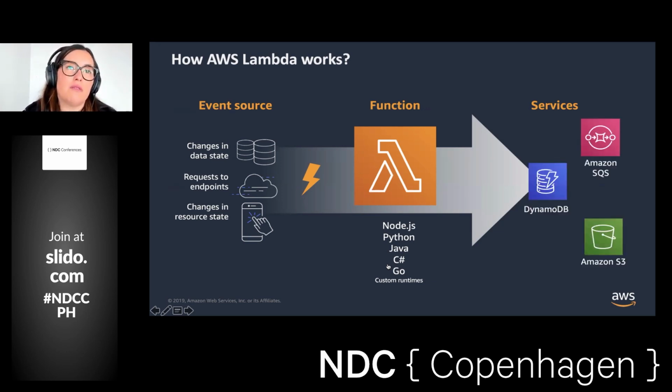The limitation is that it will run for 15 minutes. That's the biggest limitation compared to a traditional application, but you can call other AWS services with no problem. You can do an HTTP request if you want, calling something on the internet. You can do business logic, whatever you imagine, you can do it there.